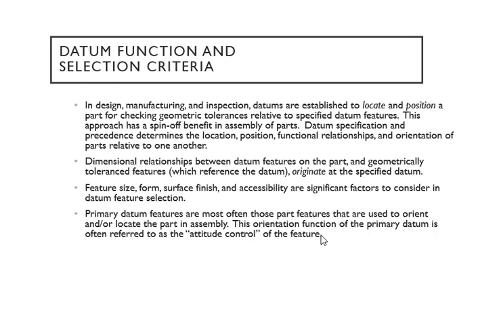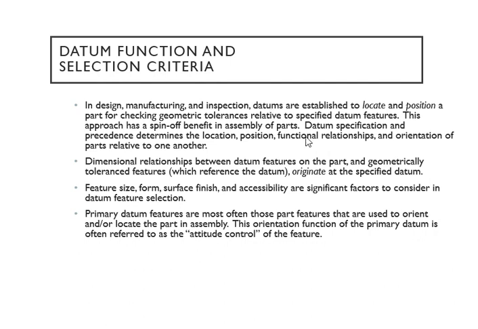Datums are established to locate and position a part. And of course, we do that to check the geometric tolerances because they're very important. These tolerances are relative to your datum features. It has to relate, otherwise it is impossible for you to measure. Datum features are there for you to measure from.